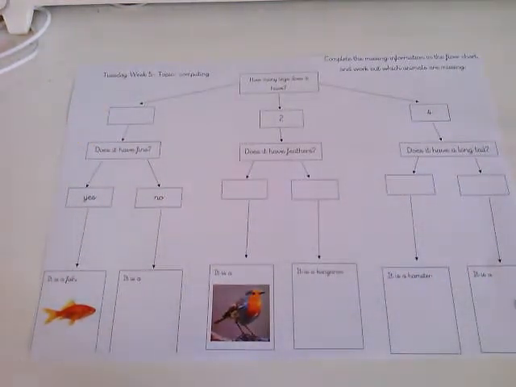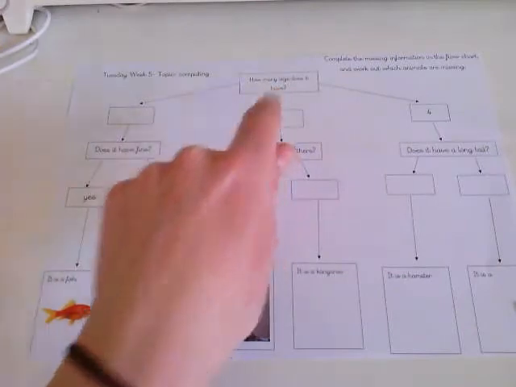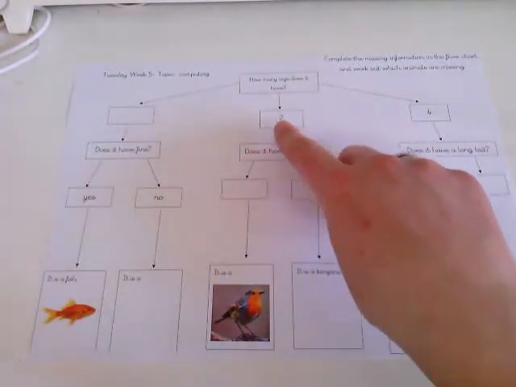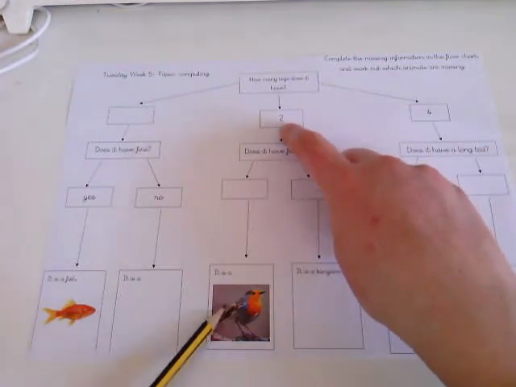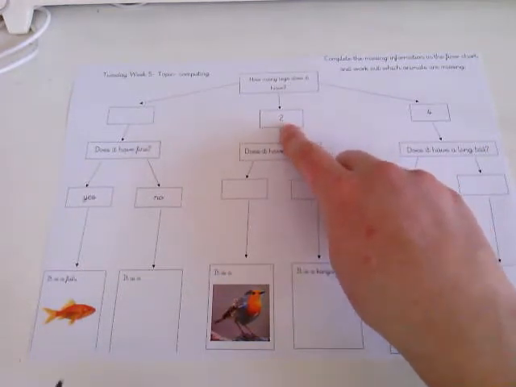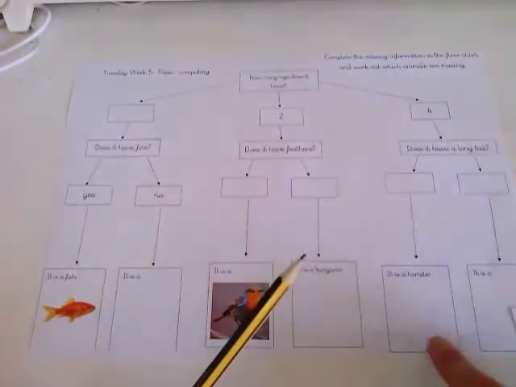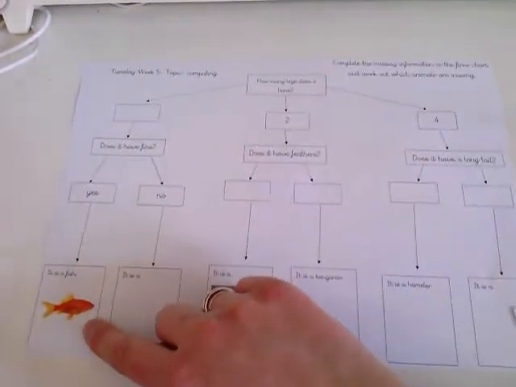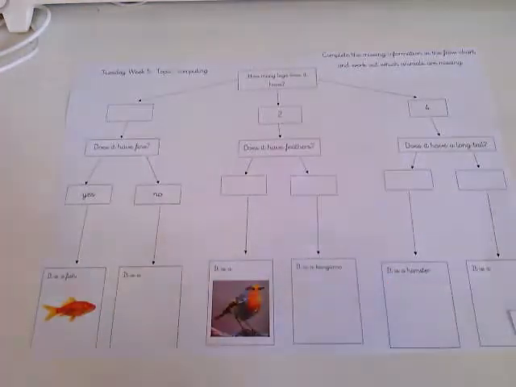So my question, how many legs does it have? We don't know how many legs it has yet. We know that this animal has 2 legs, and that the animals here have 4 legs. But how many legs does this have? Let's have a look at it.